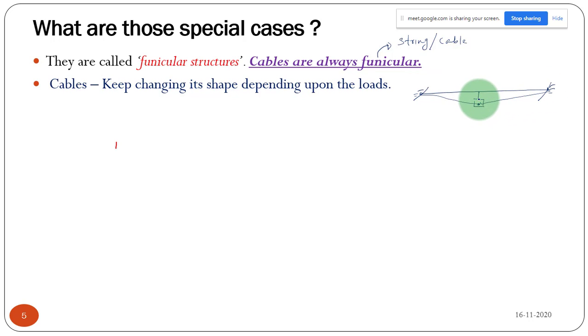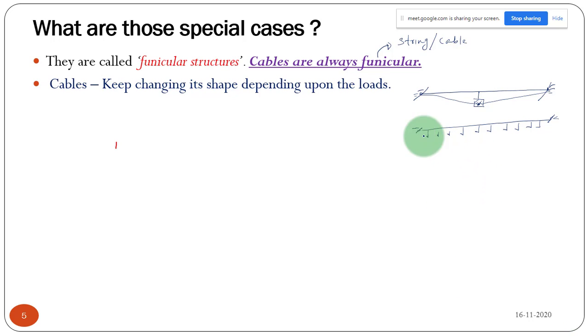If you are keeping only a weight at the middle, you may not see this much space. But if you take the same rope and keep some weight distributed, so many shirts or so many weights continuously along the length, you can take it as a distributed load, UDL.